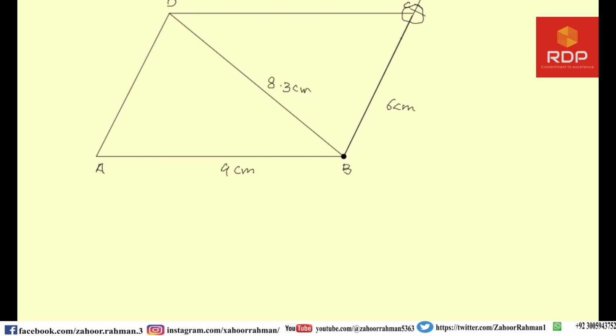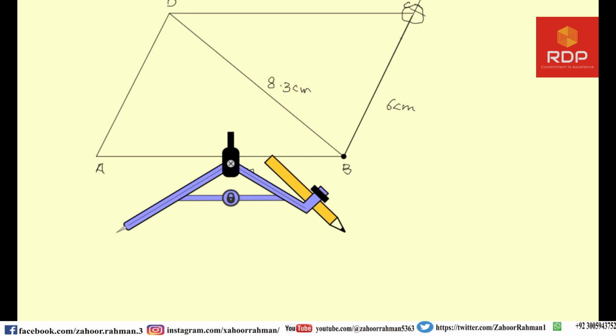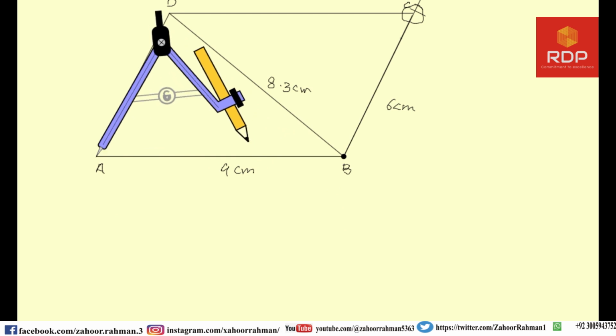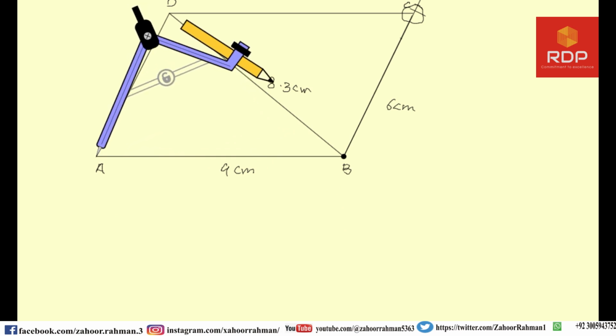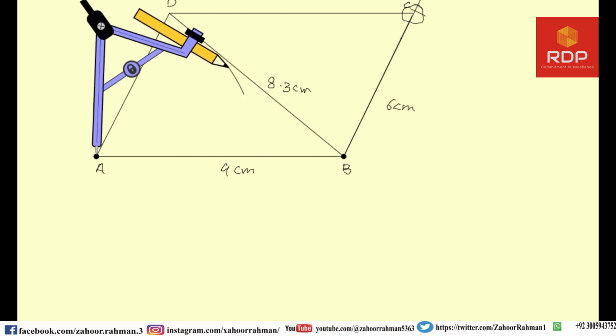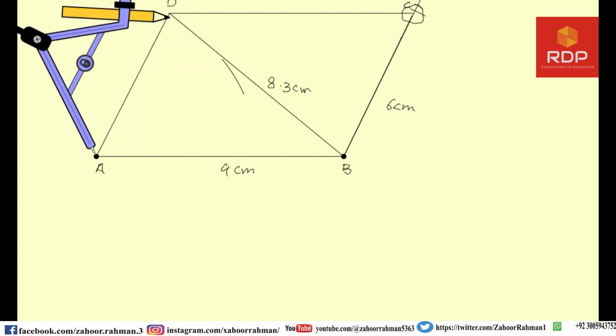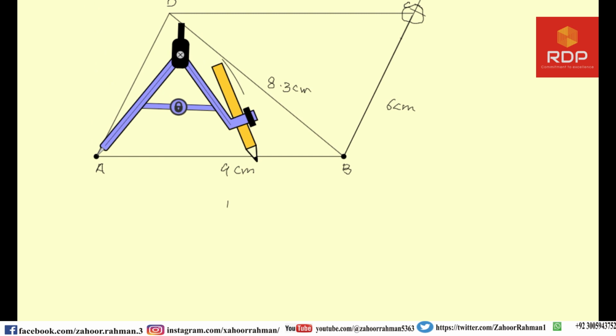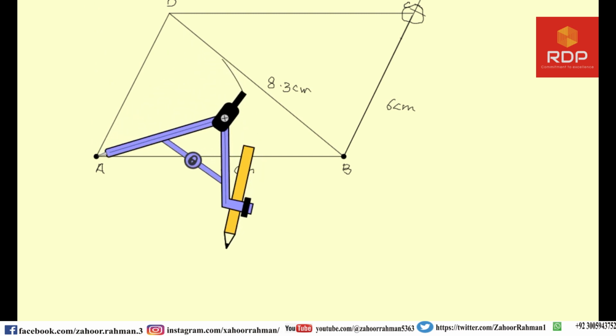Okay, next part B is saying that construct the perpendicular bisector of AB such that it cuts CD. So next we have to find the perpendicular bisector of this line, and let me draw it here if I can make it, and then I have to bring it here, which is a bit difficult one.